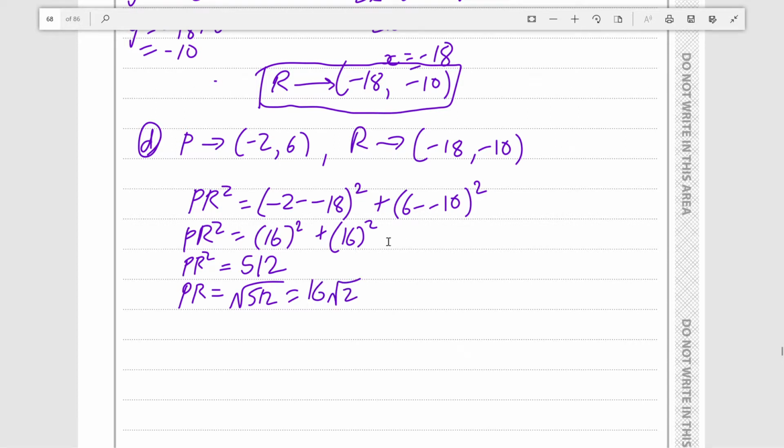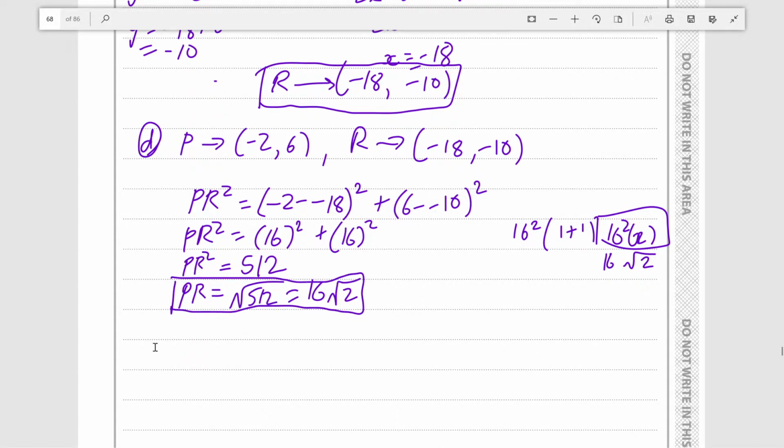And you can also have the insight that this goes directly to 16 root 2, because this is 16 squared plus 16 squared, which, if you factorize the 16 squared out, would be 16 squared times (1 plus 1), or 16 squared times 2. If you take the square root of both of those, you just get 16 and then the root of 2. So that's a piece of intuition that you could have spotted, but I've done this to make it clear what I'm doing. So the distance PR is 16 times root 2.